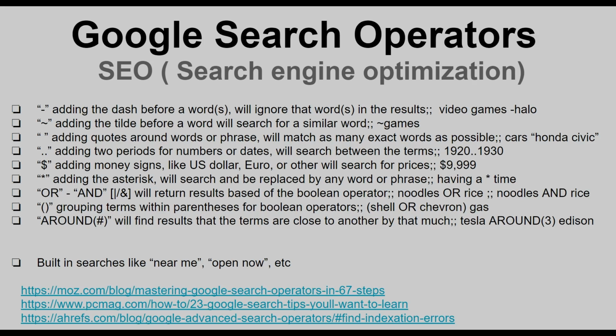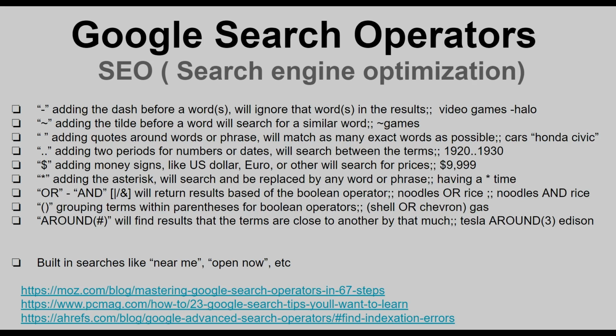Another one is the tilde, the little squiggly guy next to your number one. Adding that before a word will search for a similar word. So if you're searching for games, you could do tilde games, and it'll return results that are like games or similar to the word games.